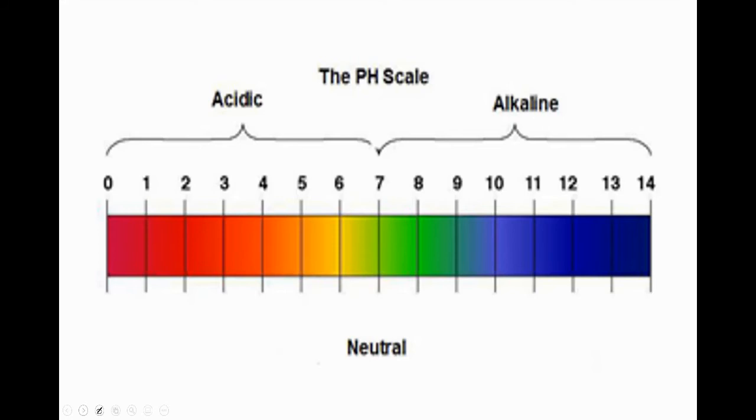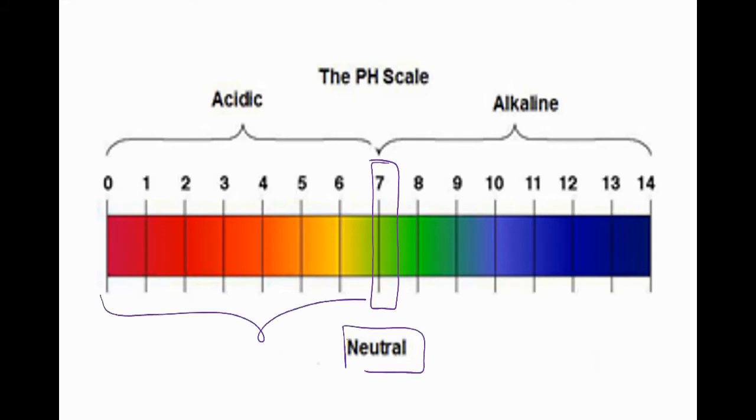Kind of crazy, but they are out there. And so for us though, 7 is going to be right in the middle, and so that will be neutral. From 0 up until that point, the lower side of the scale will be our acids. And then the higher side of the scale up until 14 will be the alkaline or the basic side, okay?